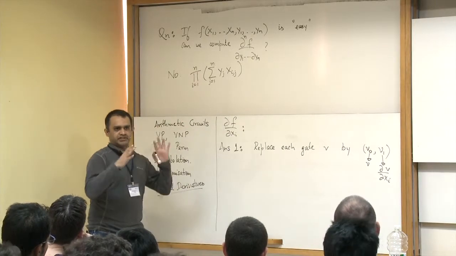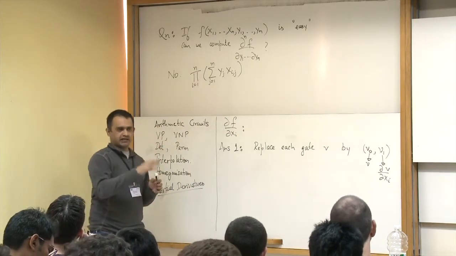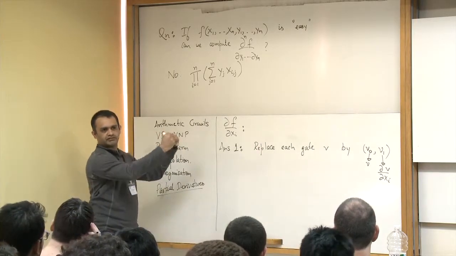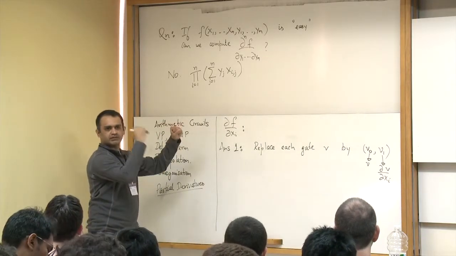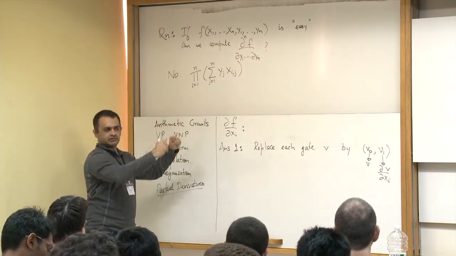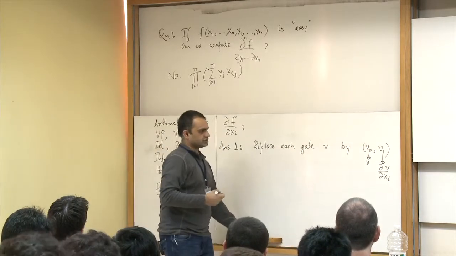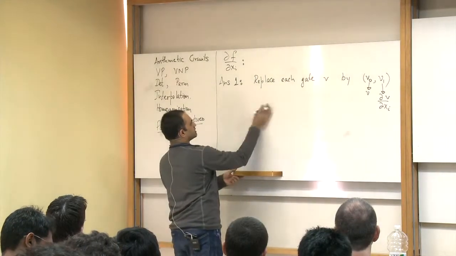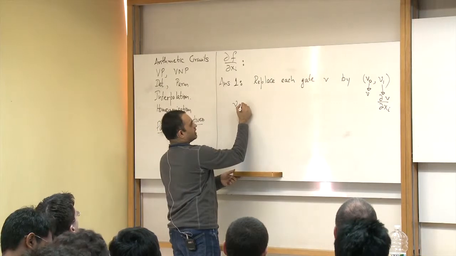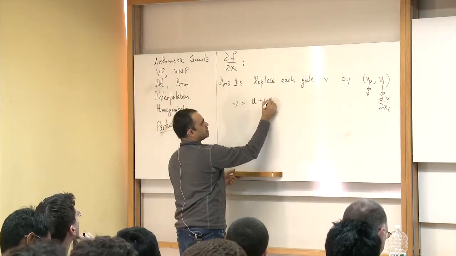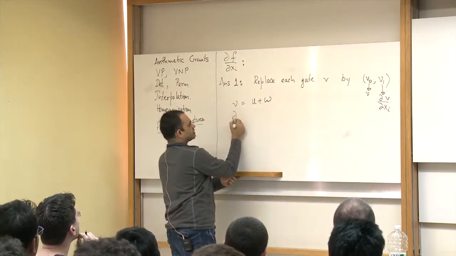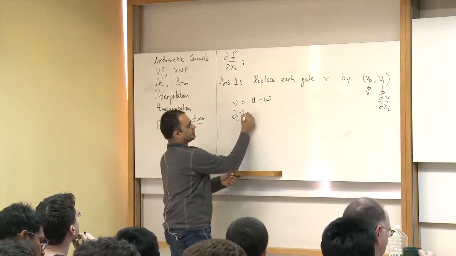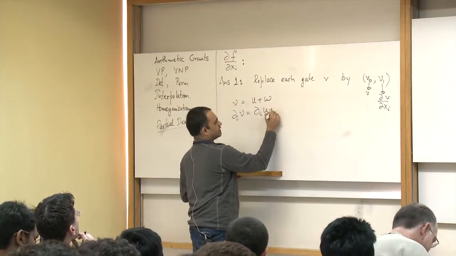And intuitively this is what my circuit is going to be, where every gate now has a pair of gates, one that computes that gate and one that computes the partial derivative. And you just do the normal differentiation. So whenever you have a gate v which was equal to, let's say, u plus w, then, because I'm lazy, let me just call this del i of v. This is del i of u plus del i of w.